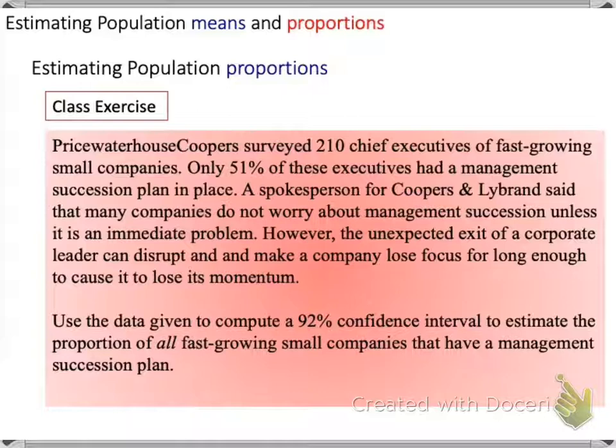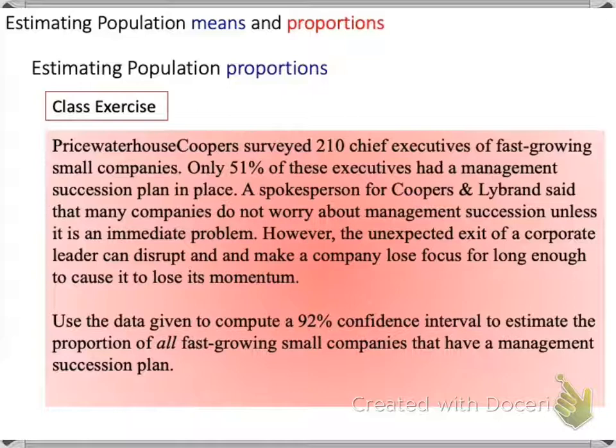However, the unexpected exit of a corporate leader can disrupt and make a company lose focus for long enough to cause it to lose its momentum. Use the data given to compute a 92% confidence interval to estimate the proportion of all fast-growing companies that have a management succession plan.